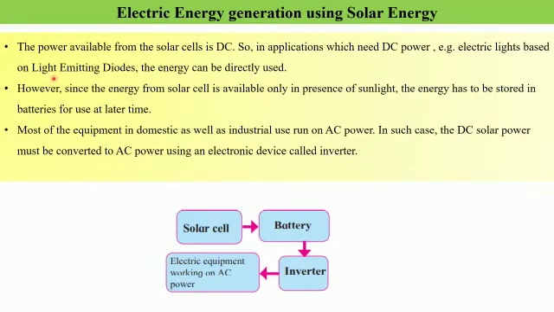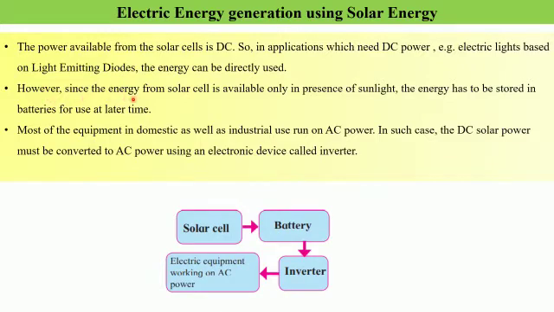So electric lights that are based on light emitting diodes, that is LED lights, which make use of a semiconductor diode and glow when potential difference is applied. So for these types of lights, the direct current supply from the solar cells can be used, and we can make use of such lights.